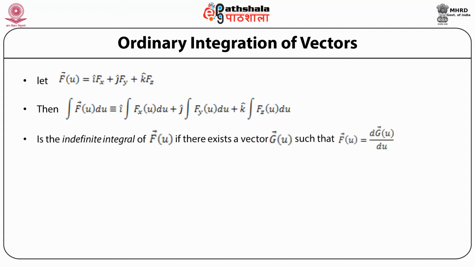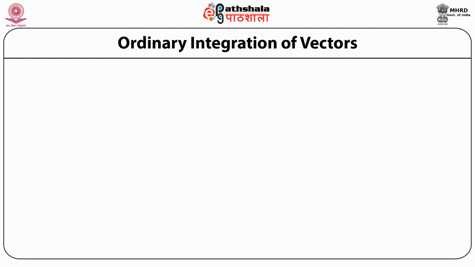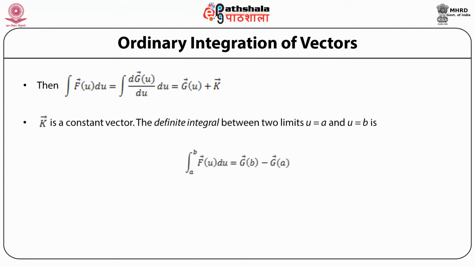If there exists a vector g(u) such that f(u) equals dg(u)/du, then integral f(u) du is equal to integral of dg(u)/du times du, which equals g(u) plus k, where k is a constant vector.